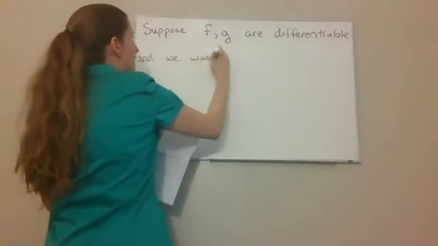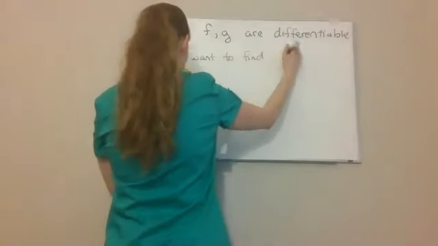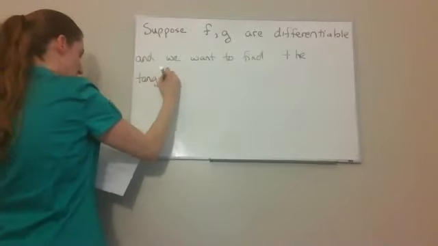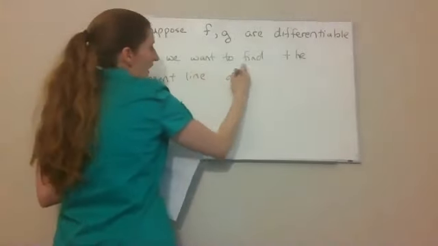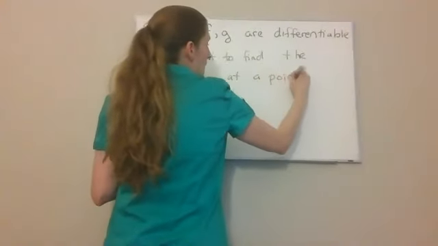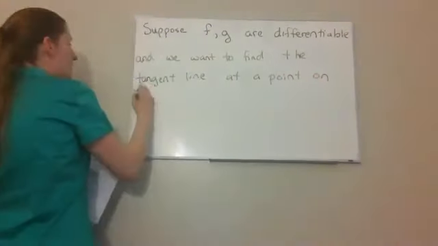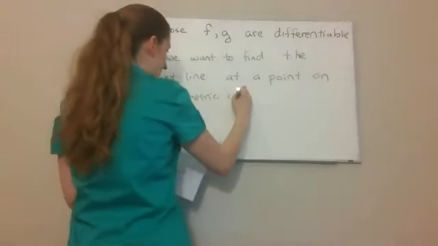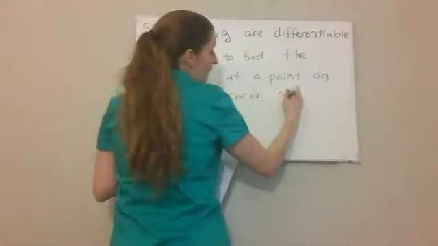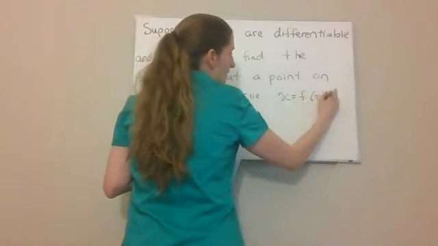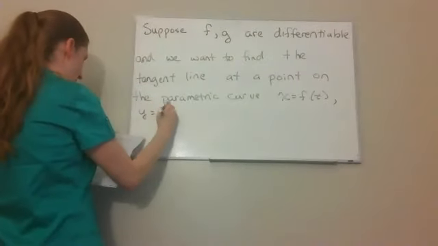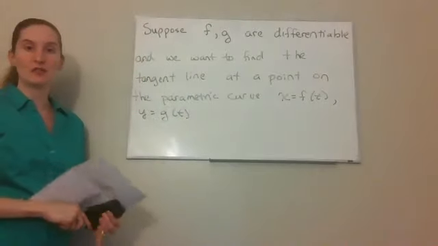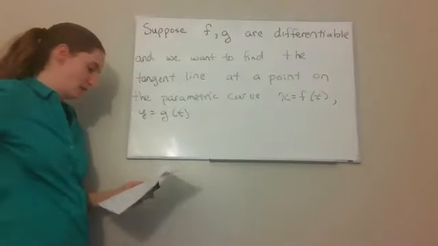And let's say we want to find the tangent line at a point on the parametric curve x equals f of t and y equals g of t, where our y is also a differentiable function of x.